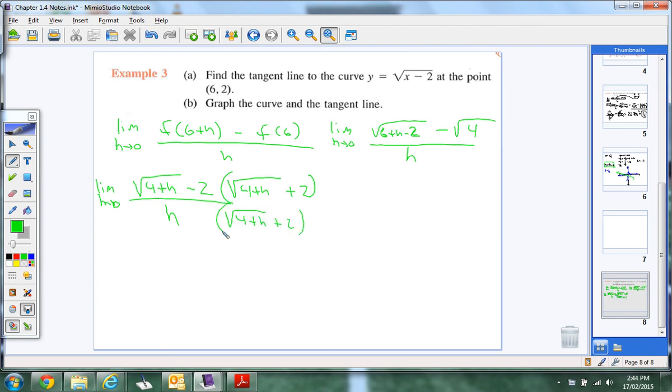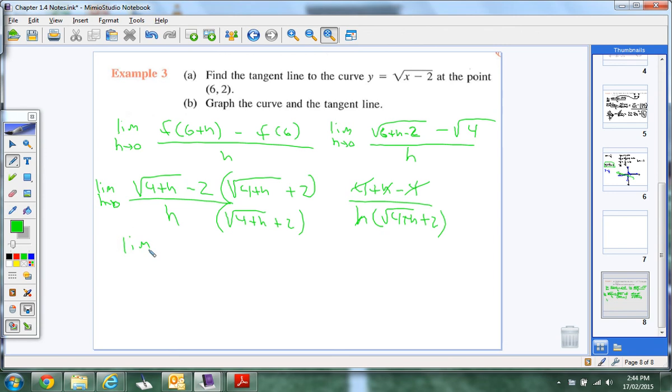So that gives you 4 plus h minus 4 all over h times square root of 4 plus h plus 2. The reason I leave the h out is because I can see on the top 4 minus 4 is 0. I can cancel my h's. So these go away. That cancels.